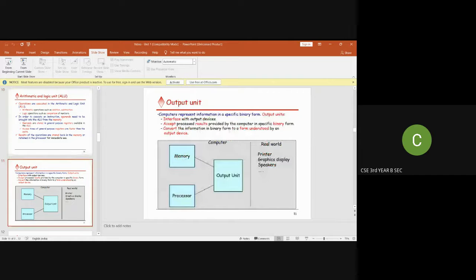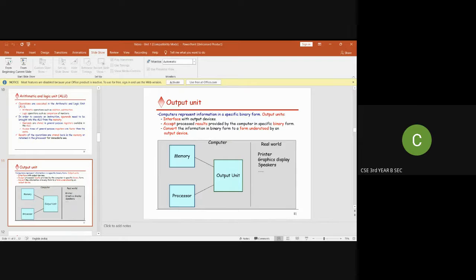Next one is the output unit. The computer represents information in a specific binary form, but this binary form cannot be understood by the programmer, user or the outside world.